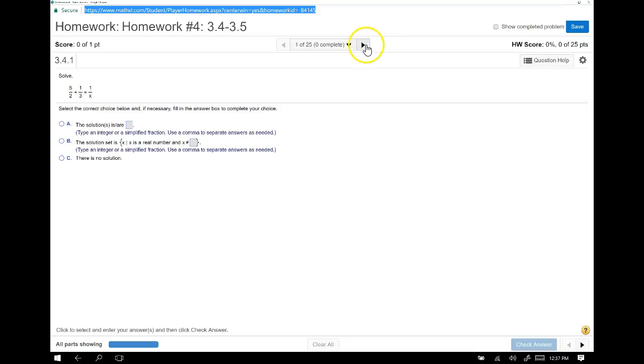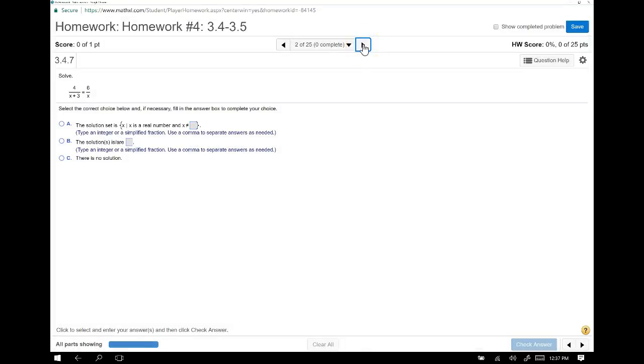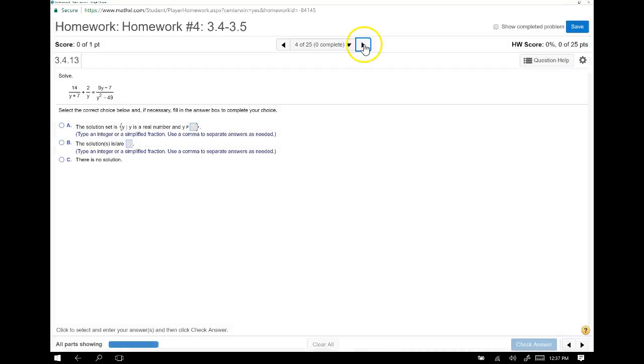The first few problems here are rational equations. With rational equations, the problem is we've got variables in the denominator. If those variables were not in the denominator, we would just have numerators, and our numerators are linears and quadratics, so they're perfectly fine.